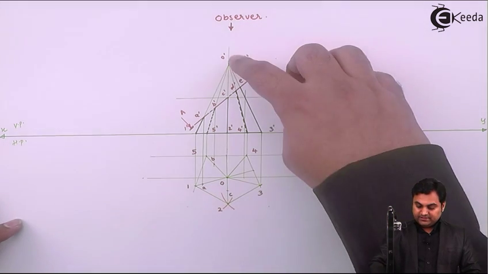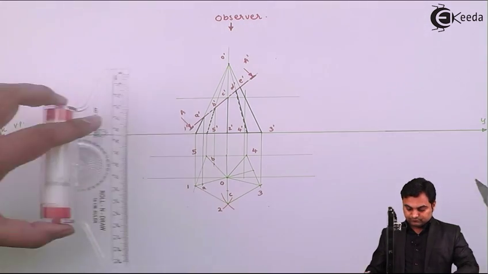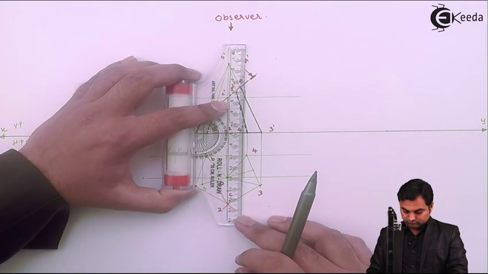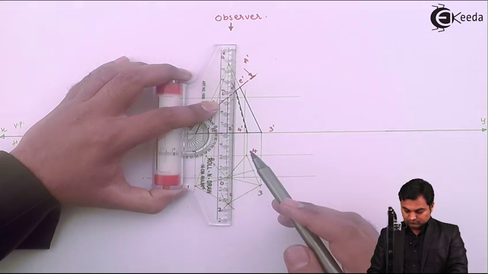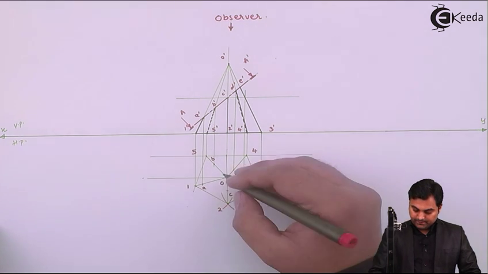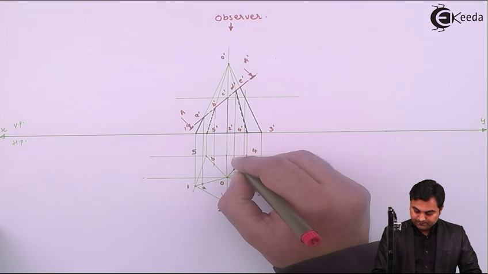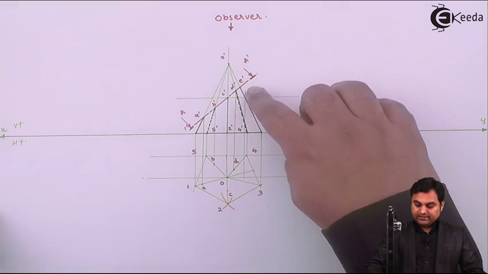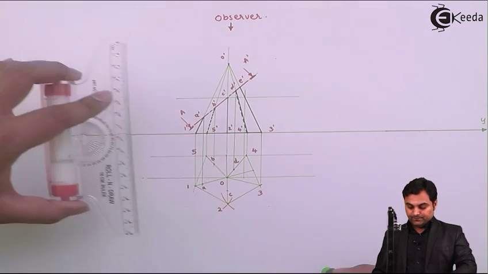Then D dash is on O dash 4 dash, that is on O24. So where it is cutting O24, that will be point D. Then E dash is cutting O dash 3 dash, so it will be projected on O23.